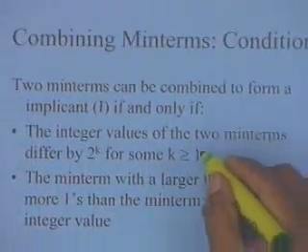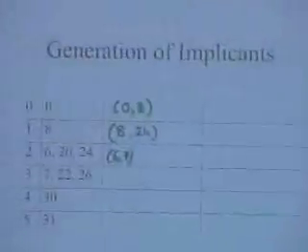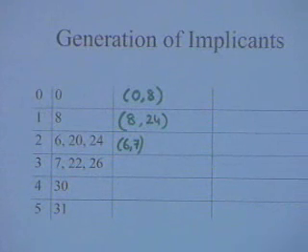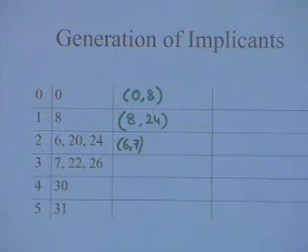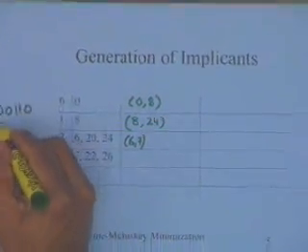That's my mistake. The value 2 raised to the power k should be greater than or equal to 1, not the k itself. That was my mistake. So 6, 7 will combine. You can see that 6, 7 will combine just looking at it.